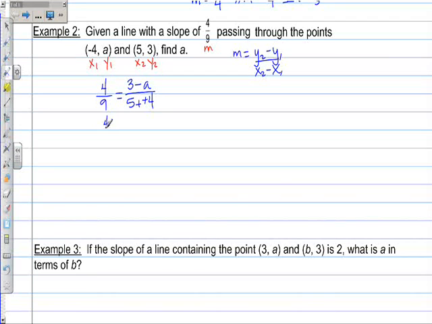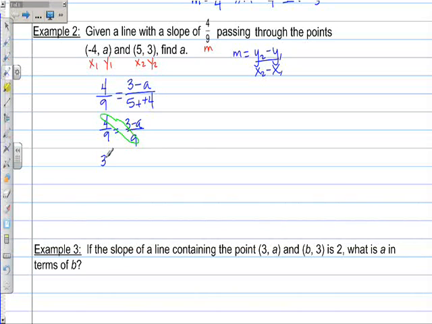So you end up with 4/9 equals (3 minus a) over 5 plus 4, which is 9. Well, at this point, this one's actually easy. You could see if 9 equals 9, and the numerator is supposed to equal 4, 3 minus what is 4? 3 minus -1. Some of them won't be this easy, and what I would advise you to do is cross multiply. Okay? So if you can't just see it, then you can cross multiply.